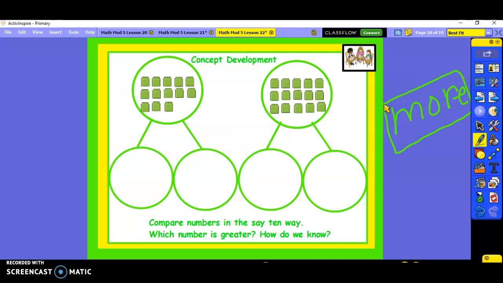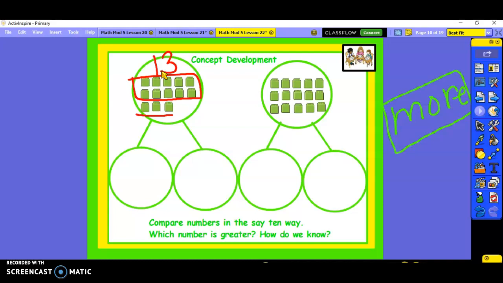So let's look at our first number bond at the top. Let's do some counting. When I look at this number bond, I see a 10 and then I see 3 ones. I know that 10, 3 is 13. Very good.